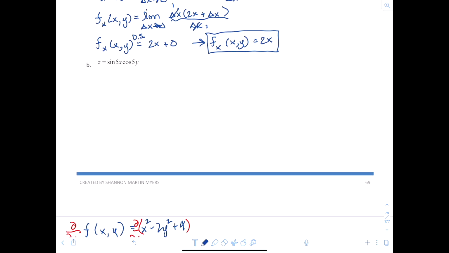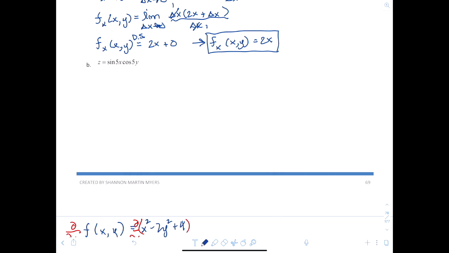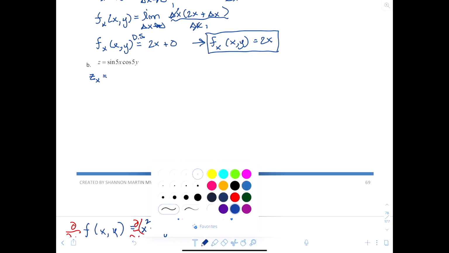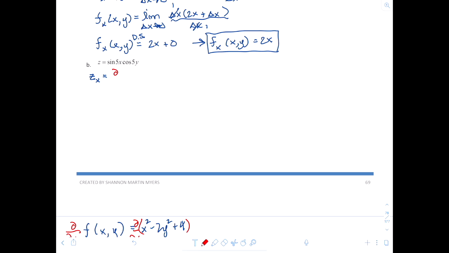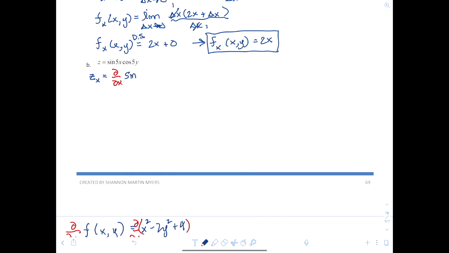So here, again, if we want to find zx, that's going to be equal to the first partial derivative with respect to x of sine of 5x times cosine of 5y.